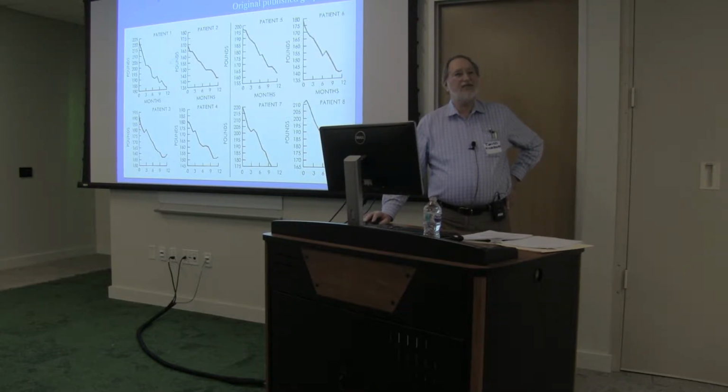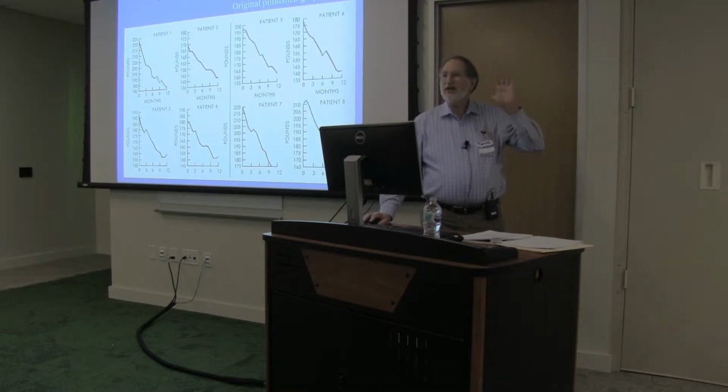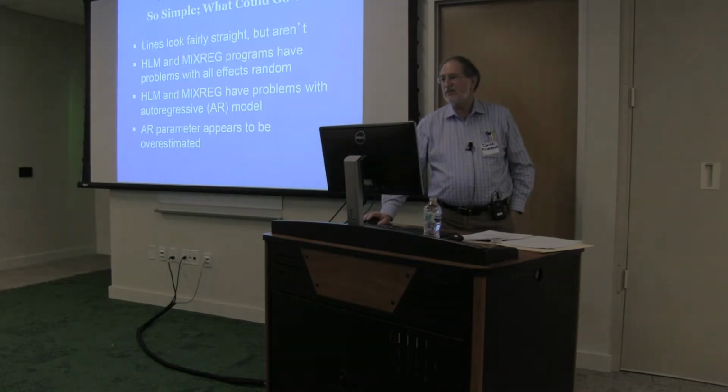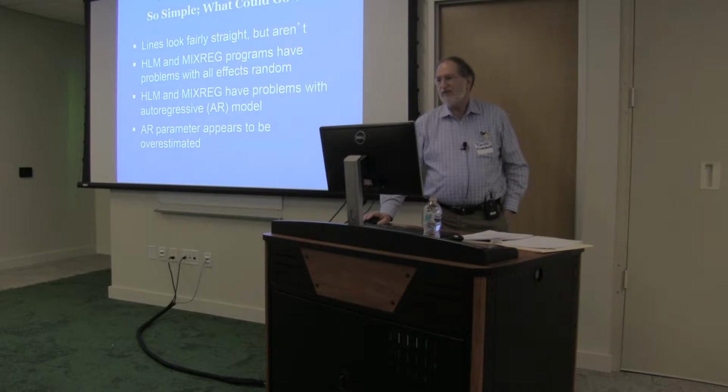This goes from 180 to 225. This goes from 135 to 180. It's fairly straight, there may be a little curve in it, and there may be differences in rates of weight loss for the people, and we want to model all these things.